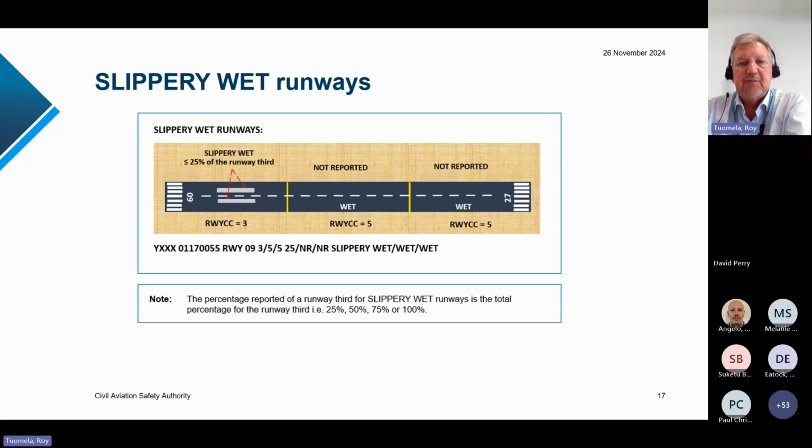It's broken down into percentages of a runway third: 25%, 50%, 75% or 100% of a runway third. And we've got an example there of how that's reported.